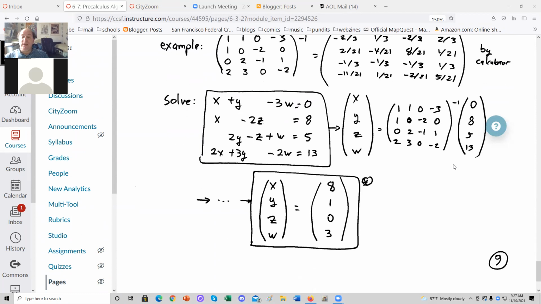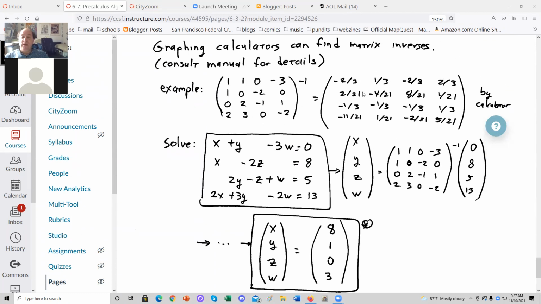Now, the point is this. If we have this inverse, then you can solve this linear system, because the coefficient matrix of that is this.